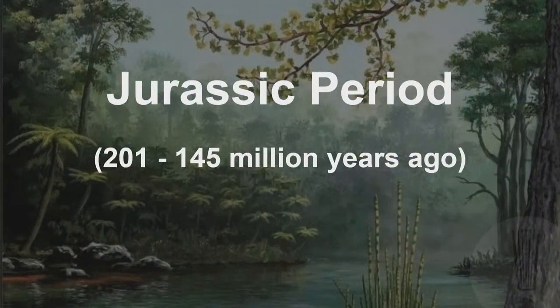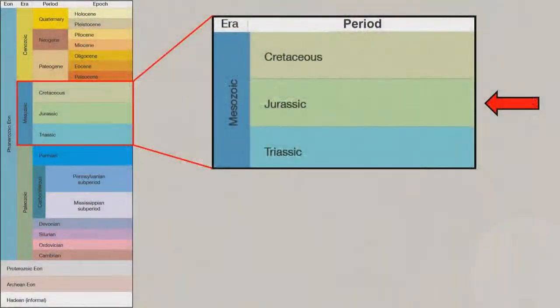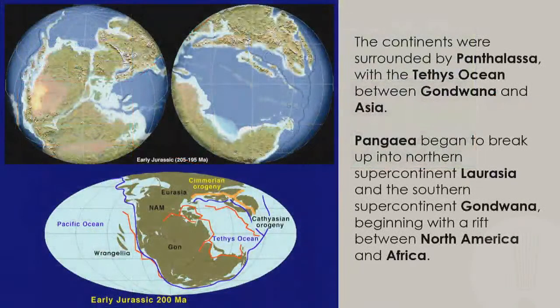All right, so into the Jurassic period. Here we are within the Mesozoic era. Continents were still surrounded by that giant ocean, Panthalassa. With the Tethys Ocean between Gondwana and Asia, Pangaea began to break up into the northern supercontinent of Laurasia and the southern supercontinent of Gondwana, beginning with the rift between North America and Africa.